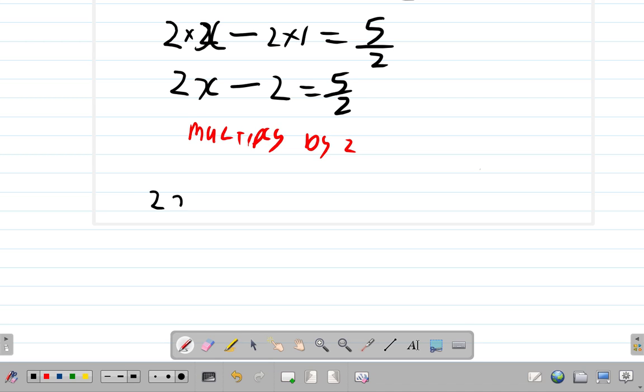Right? So you have 2x minus 2 equals 5 divided by 2. This multiplied by 2, this will multiply by 2, and this will multiply by 2. Remember, the reason why I multiply by 2 is to get rid of fractions. It's a bit easier to work on just numbers without fractions.